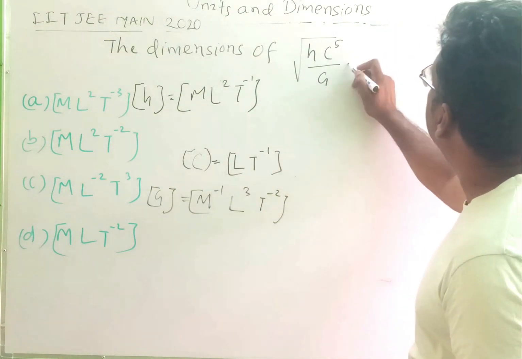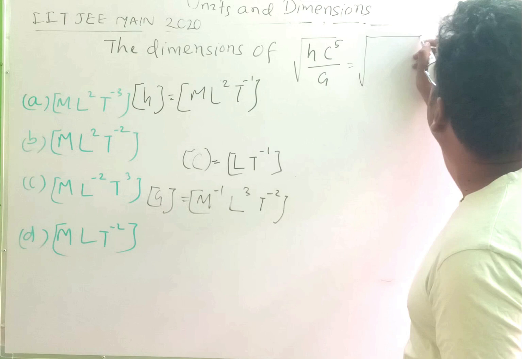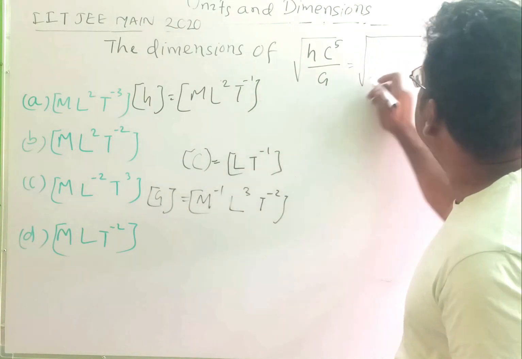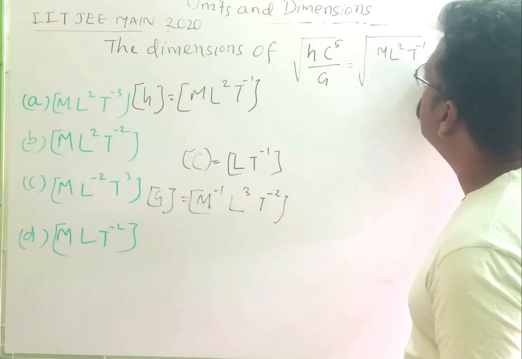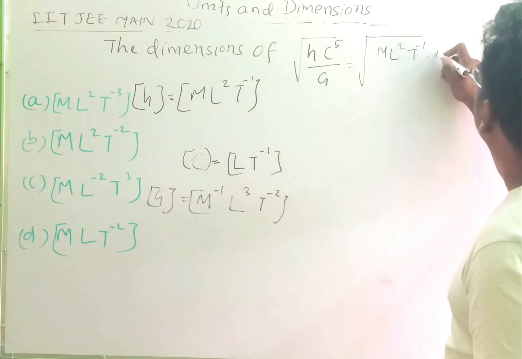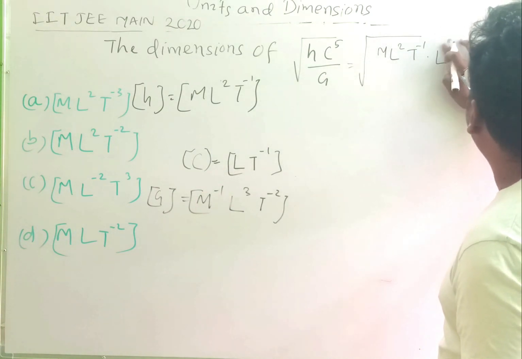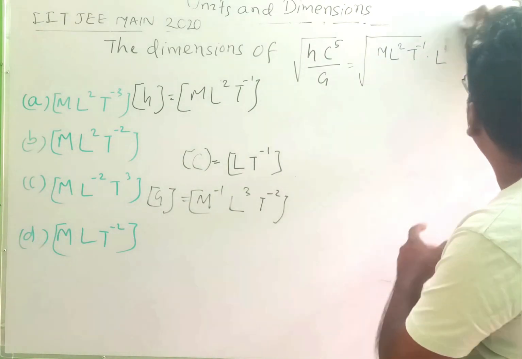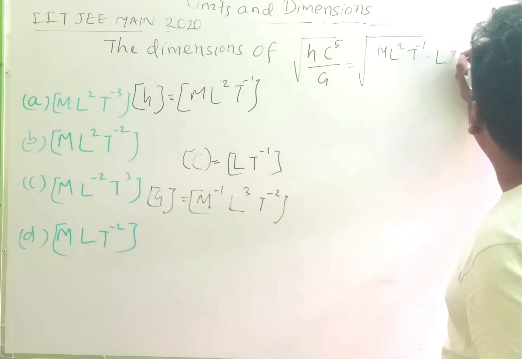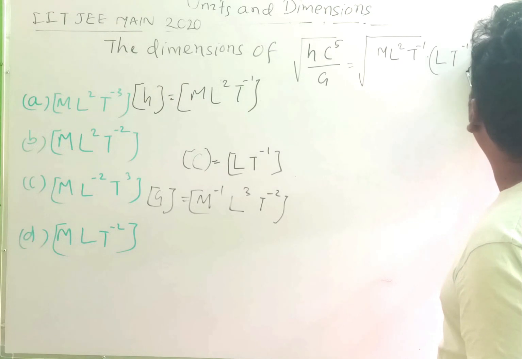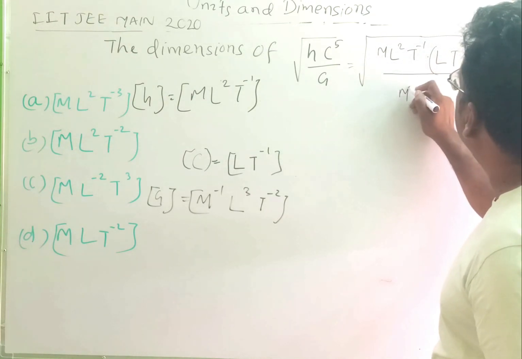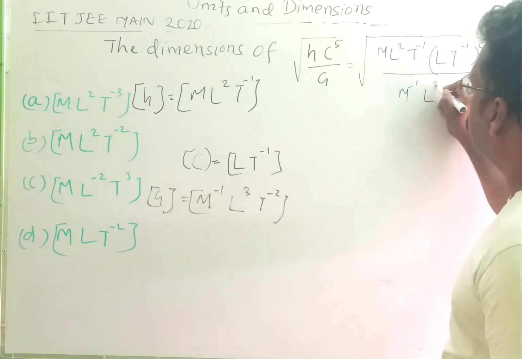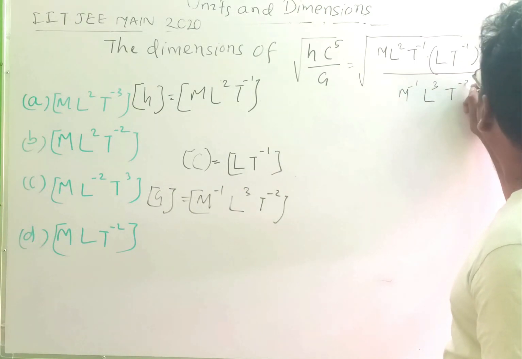So root over h c^5 means root over, what is h? h is ML^2 T^-1 into c to the power 5 means (LT^-1)^5, divided by G. What is G, students? M^-1 L^3 T^-2.